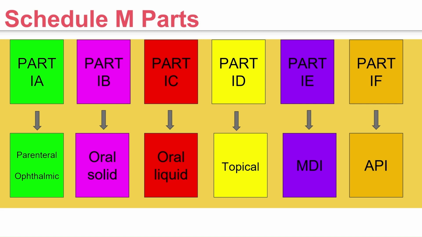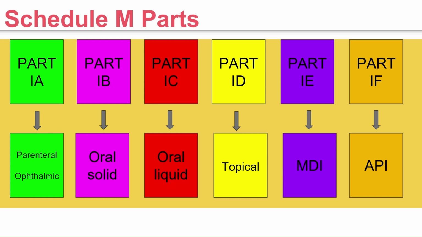T of POOTMA is for 1D. T and D sound similar. Finally, there is MA. M is for metered dose inhalers, which are in part 1E. Finally, A, which is in part 1F, is for active pharmaceutical ingredient.